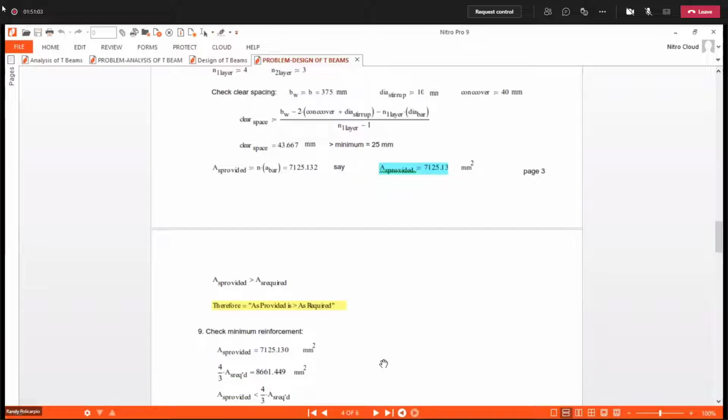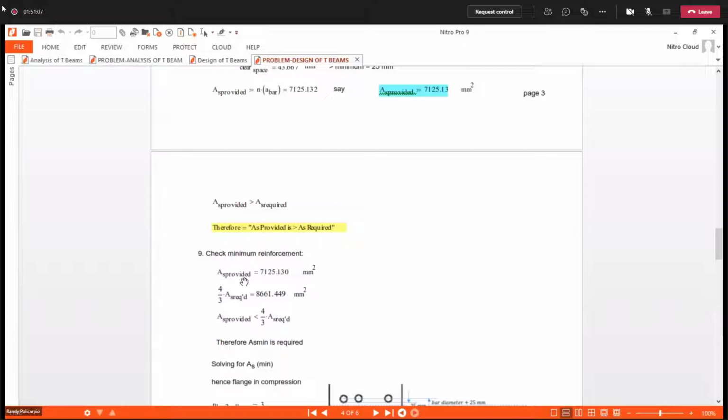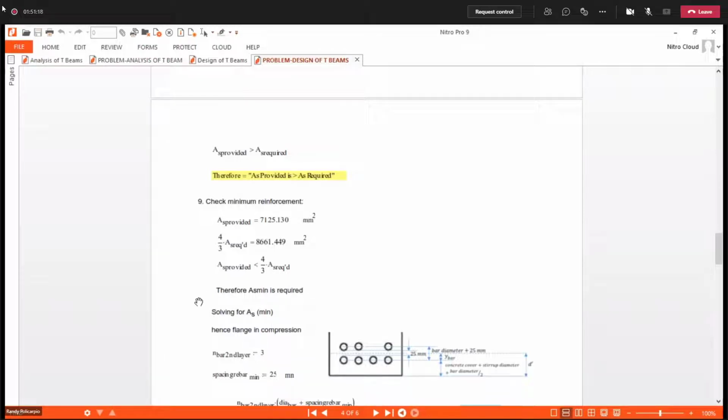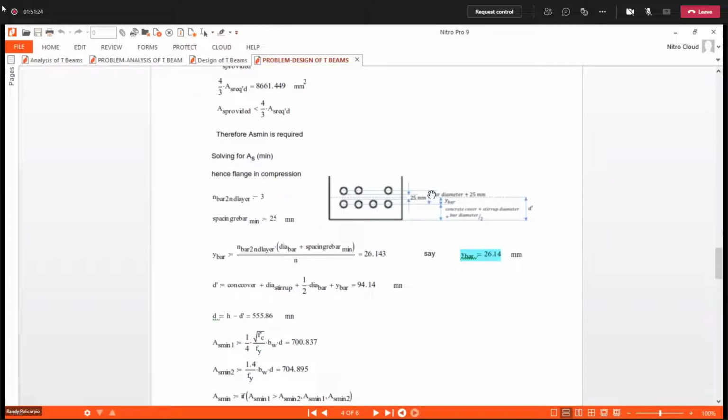And then we will also check if AS provided is less than 4/3 AS required. If it is, okay, we need to check AS minimum. So yung AS minimum natin, ang gagawin natin ganito.